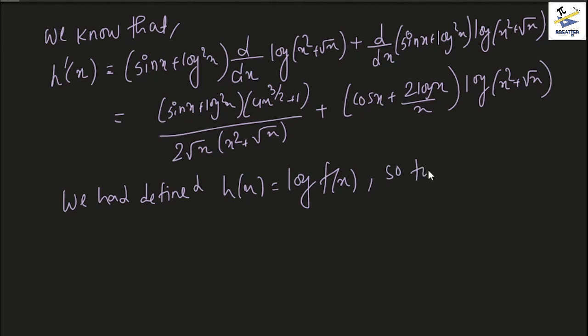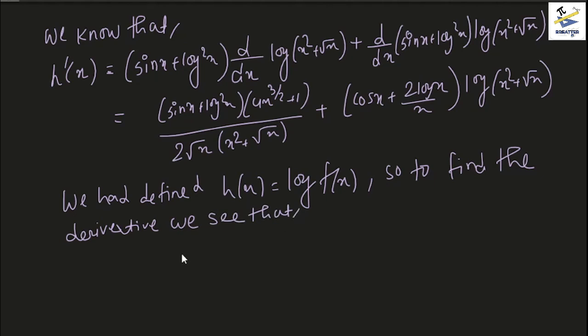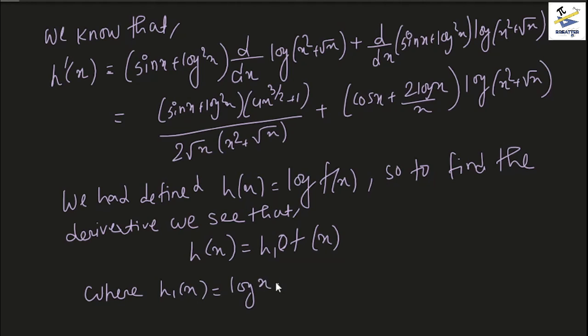So to find the derivative, we see that h of x is basically equals to h1 composition f of x, where h1 of x is just logarithm of x, right?